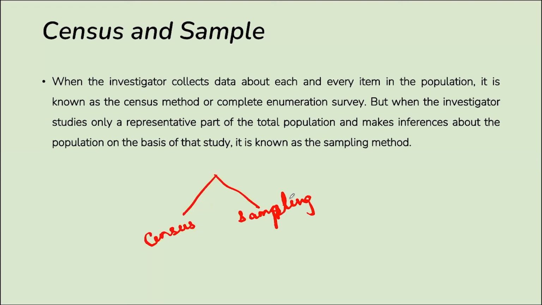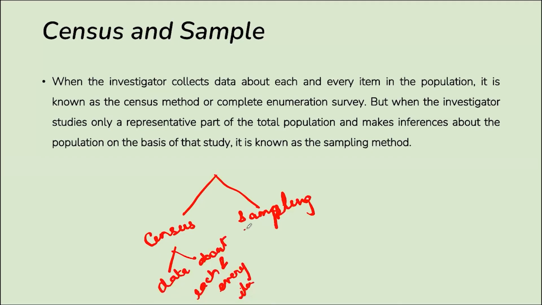In case of census, the investigator collects data about each and every item. So this is known as census method or complete enumeration survey.